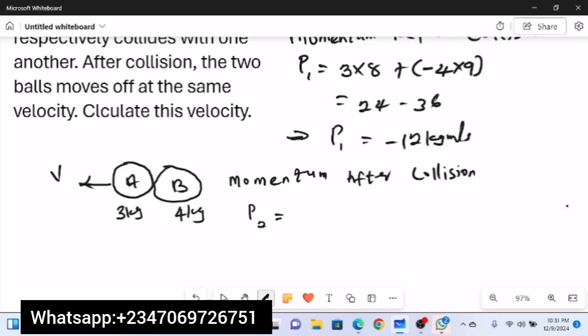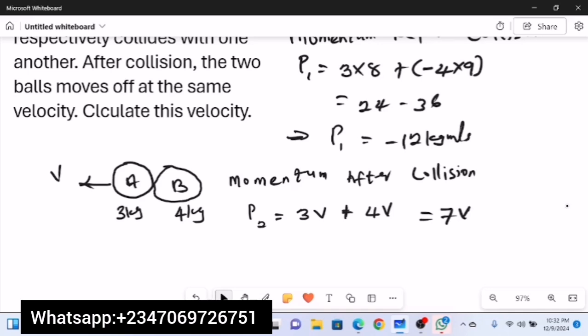This is going to be equal to the momentum of ball A, which is 3 times V, plus the momentum of ball B, which is 4 times V. Simply because both of them now move in the same direction, you simply add their momentum. So this will be equal to 7V.